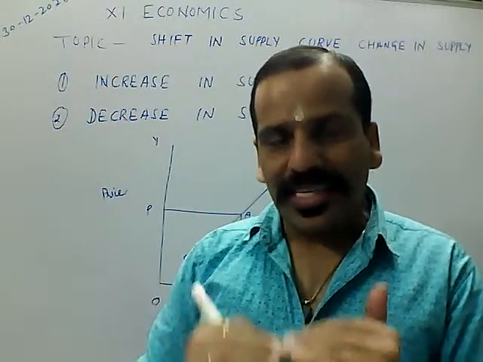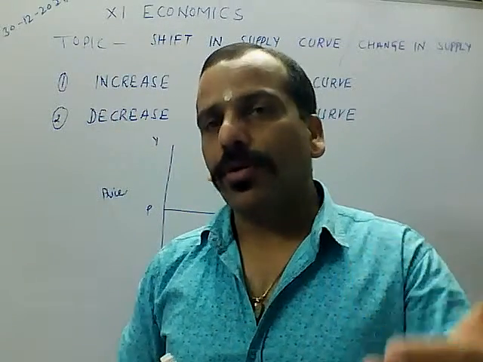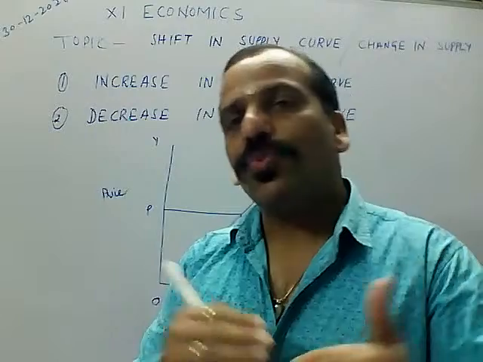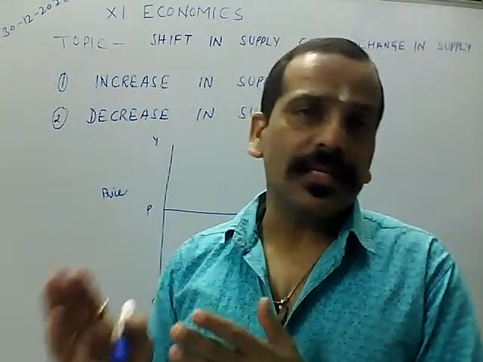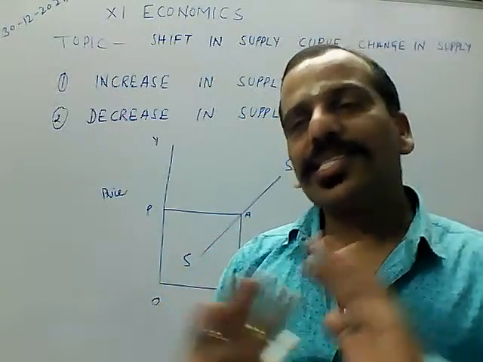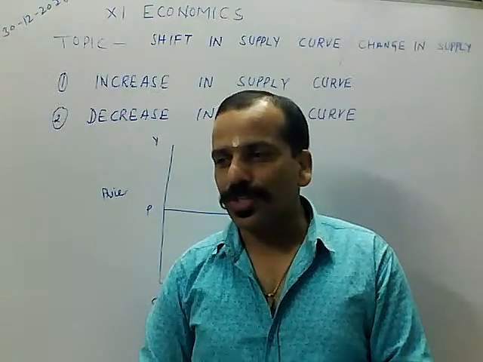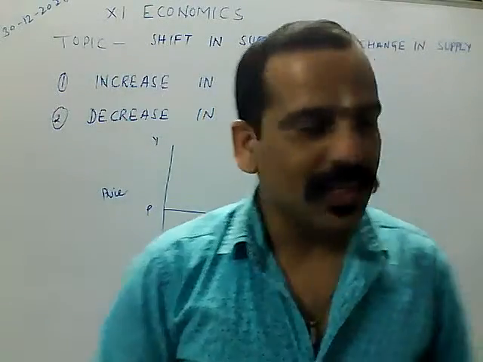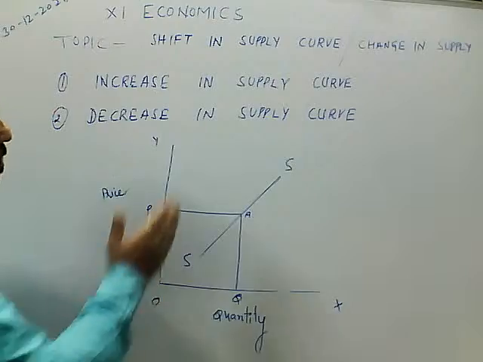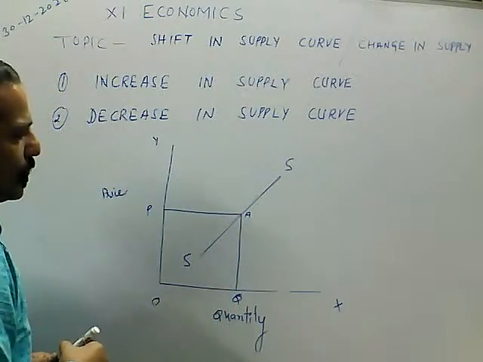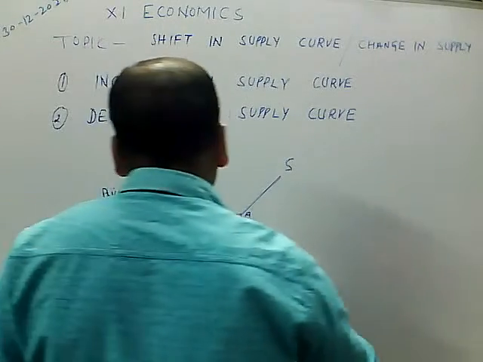Like this, there are many more causes for increase in supply, whereas the price remains constant, no change in the price of the given commodity. So the supply curve shifts to its right hand side.